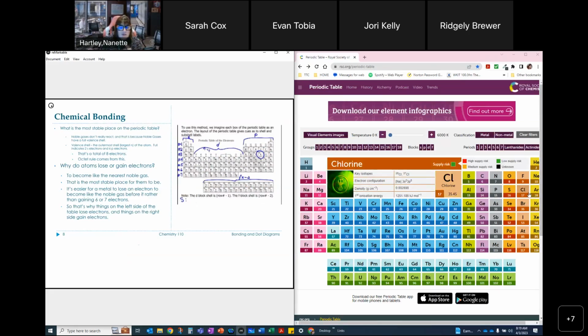Not exactly the greatest thing. And so we find that some of these non-metals tend to not make ionic compounds. They don't. And we've talked about the nomenclature that goes with that. The non-metal to non-metal, those are named differently because it's a different type of bonding.